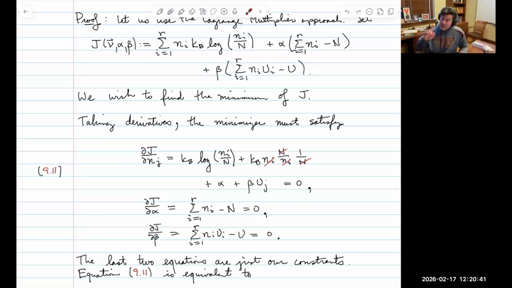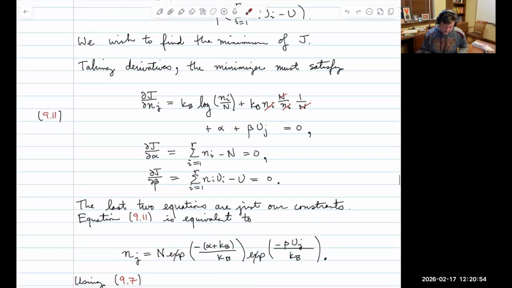We've got our derivatives associated with the numbers of particles in each of the R states, and then the two derivatives associated with alpha and beta. So here are the R derivatives with respect to n_j, set equal to zero.